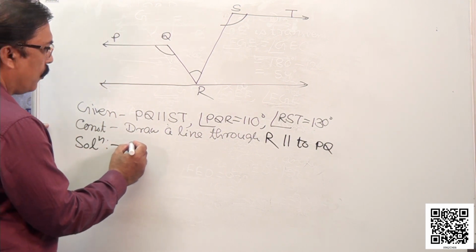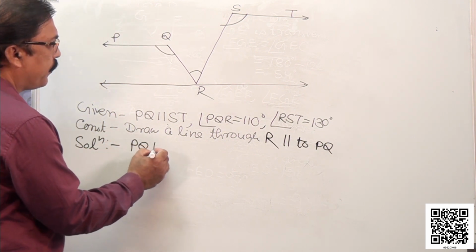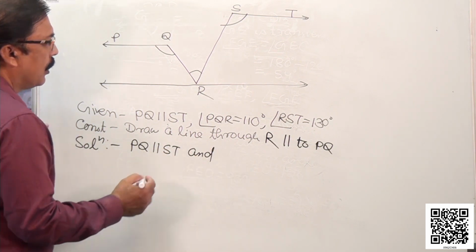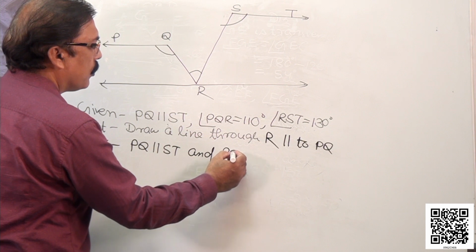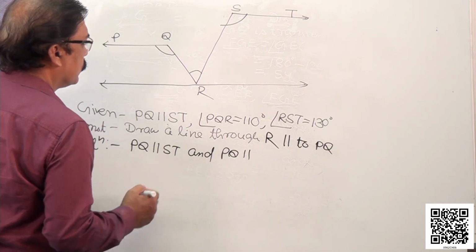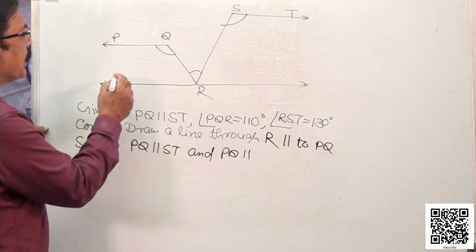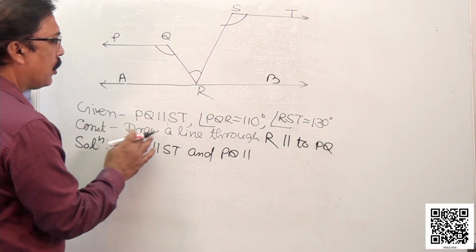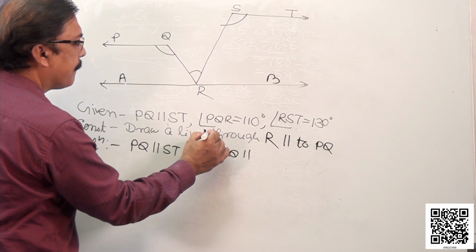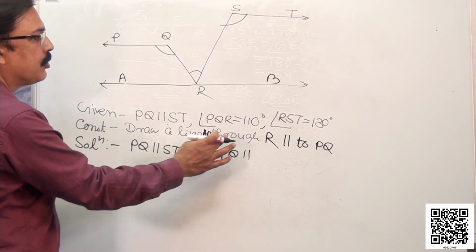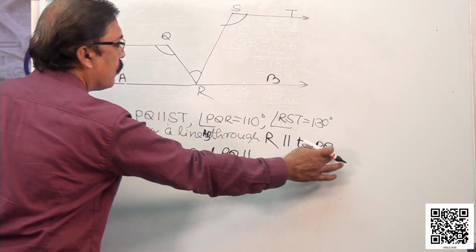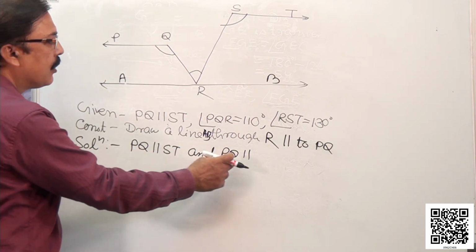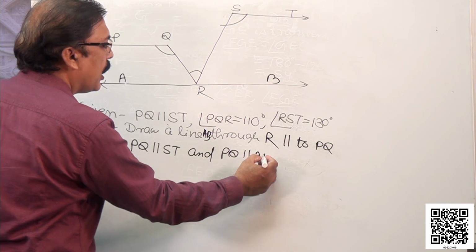If PQ is parallel to ST, and let this line be named AB. Draw a line AB through R parallel to PQ. PQ is parallel to ST and PQ is parallel to AB.